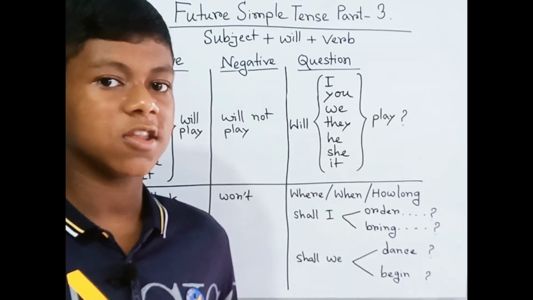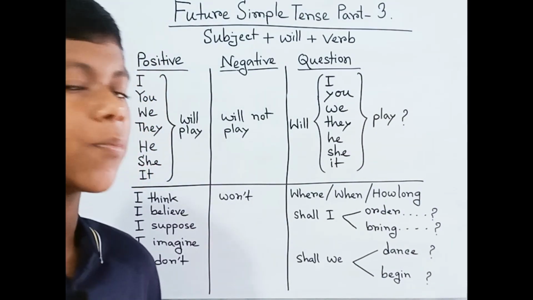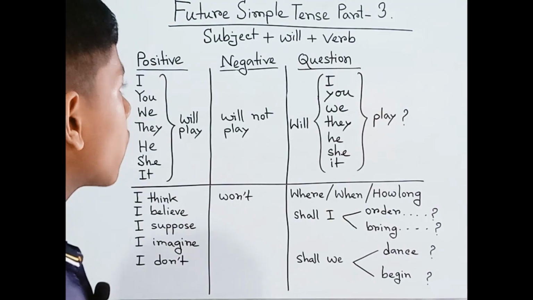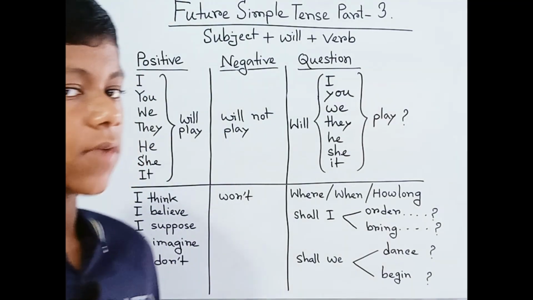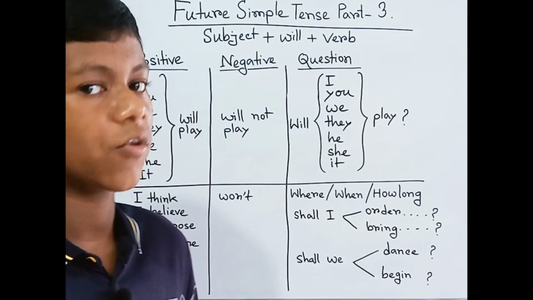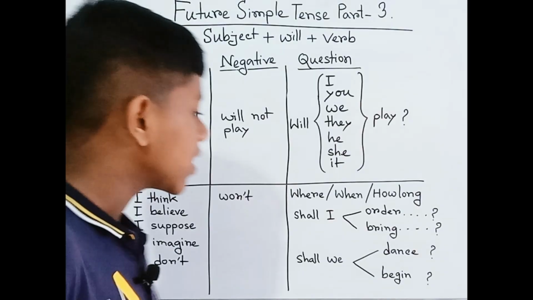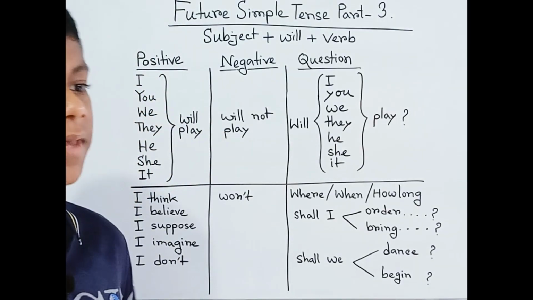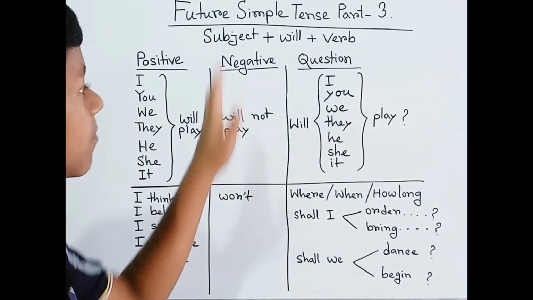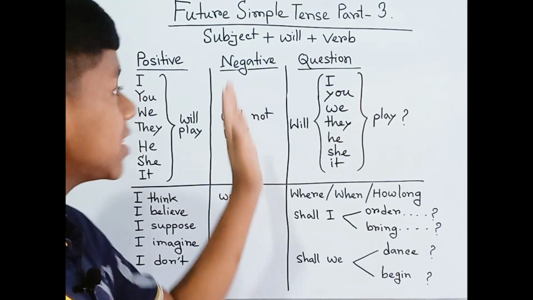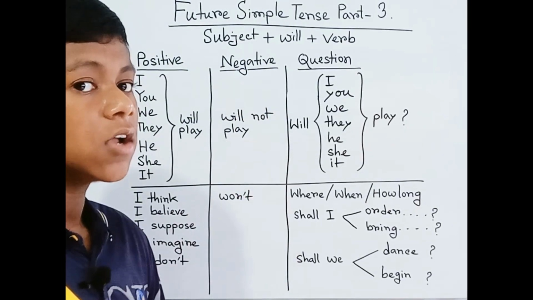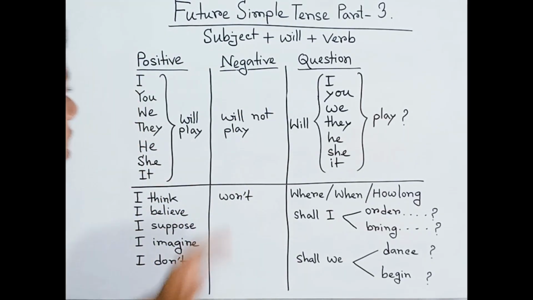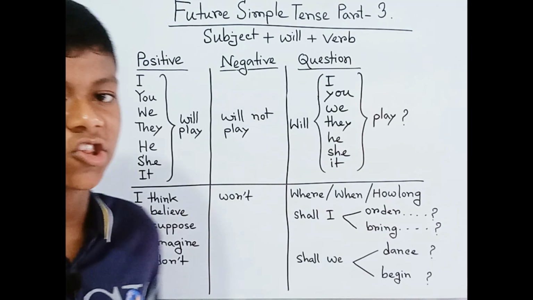Okay, the general structure of the future simple tense. First we see the subject, then the will, then the verb. Then our sentences will be formed. So this is the main structure. By following it, you can transform it into the positive, the negative, and the question.